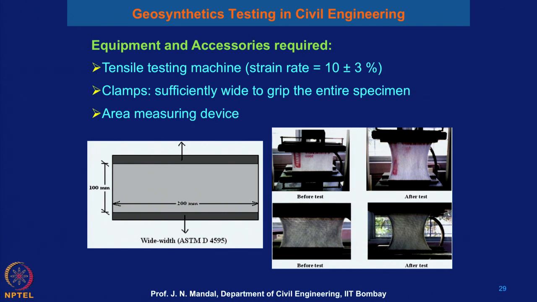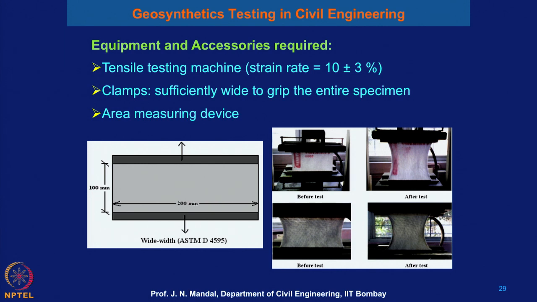What are the equipment and accessories required? Tensile testing machine, and strain rate is very important. The strain rate for the wide width tensile strength will be 10 plus minus 3%.